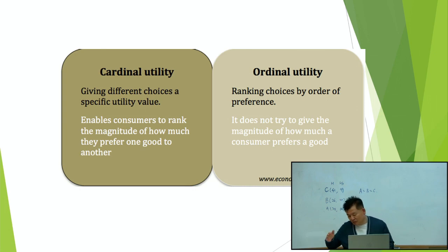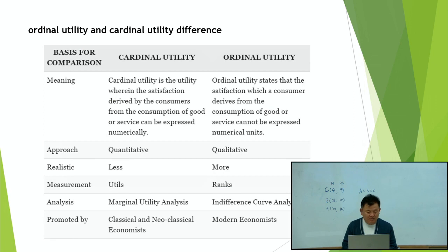Just order. So let me show you one more table. What is the difference between ordinal utility and cardinal utility? The comparison reason is meaning. Cardinal utility is the utility wherein the satisfaction derived by consumers from the consumption of goods or services can be expressed numerically.